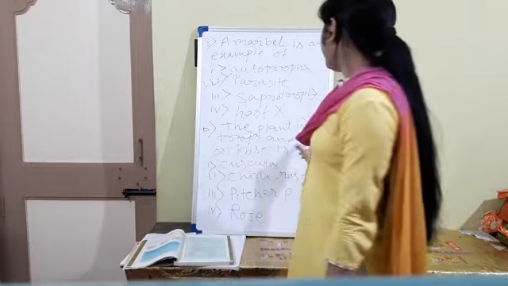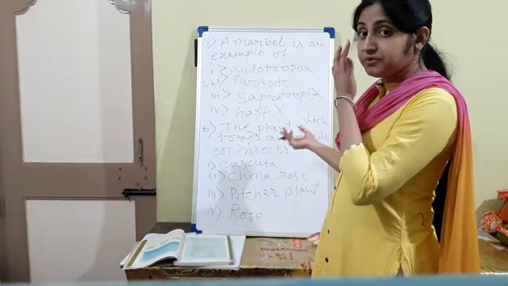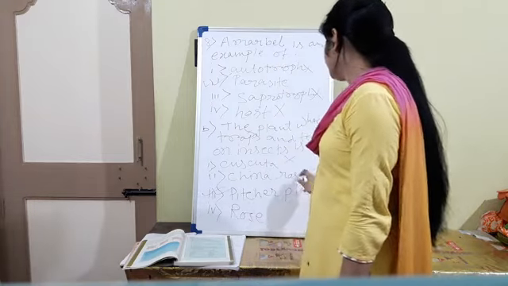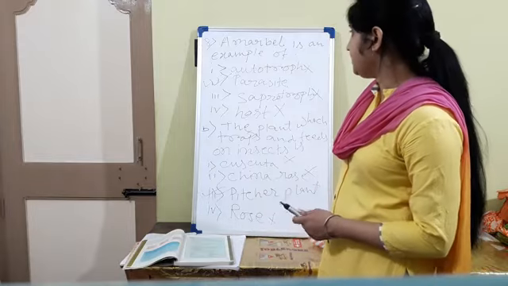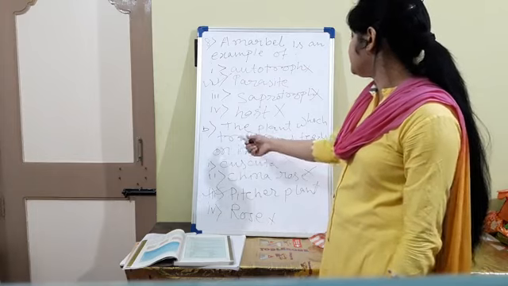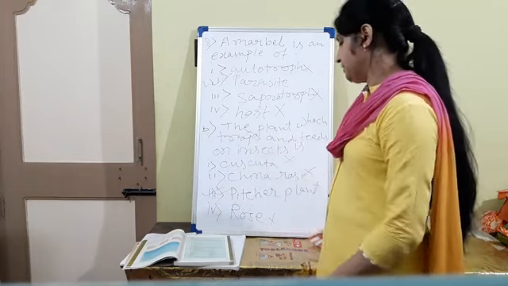So the plant which traps and feeds on insects, you just read about that. It is the pitcher plant, not Cuscuta, not China rose, not rose. So this is the answer of question number 8. Amarvel is an example of parasite. And question B, the plant which traps and feeds on insects is the pitcher plant.